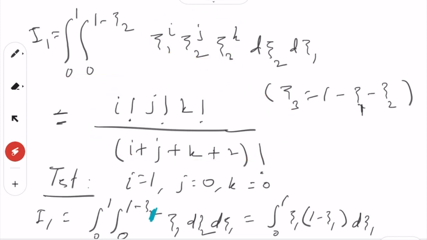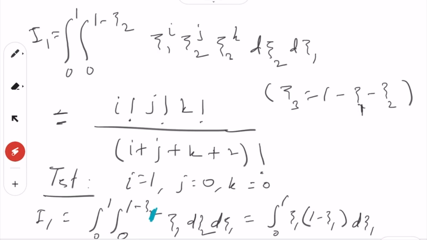But this is how it works. Mind it, this is with xi2 xi1, and the value we have here has the Jacobian included.